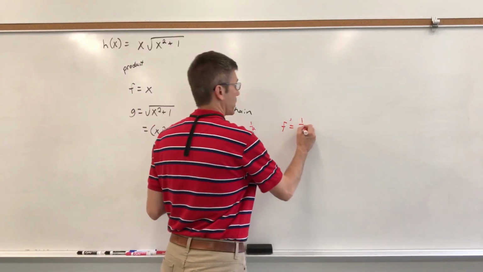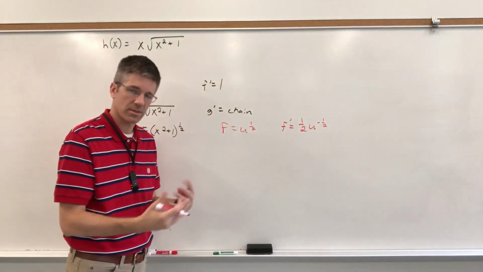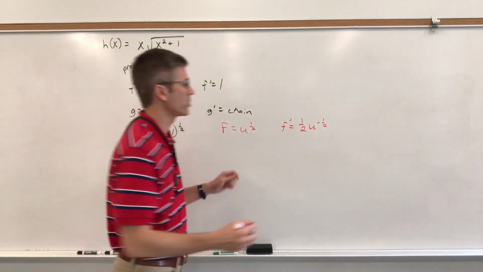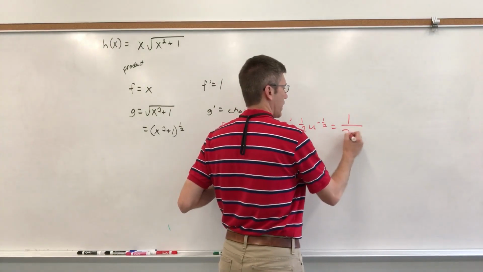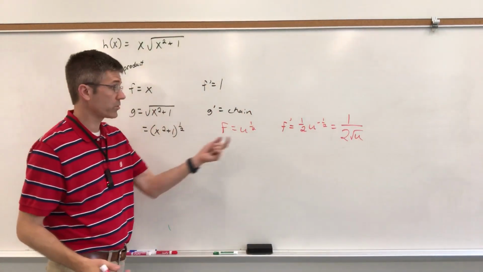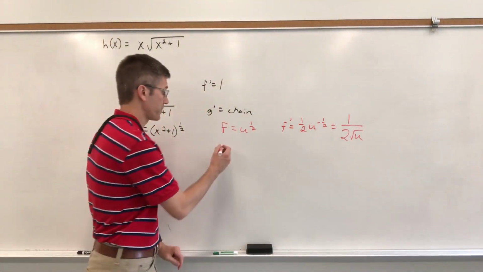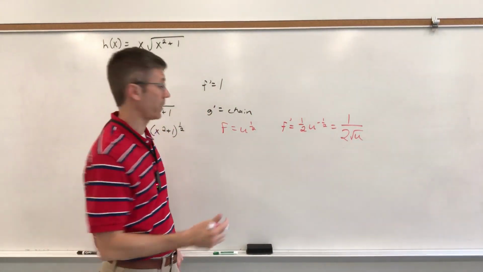So 1/2, that's great, but that negative 1/2 sends the u to the denominator, then we take a square root, so we're going to have 1/2 square root of u. There we go. The derivative of square root of something is that. It's just a good thing to know off the top of your head. And you click twice when you know it, apparently.